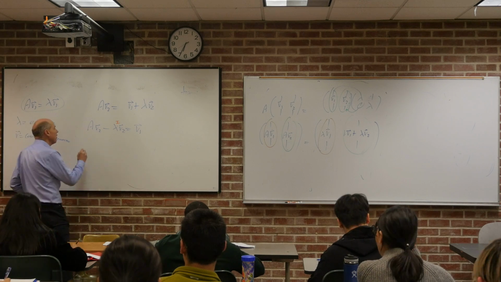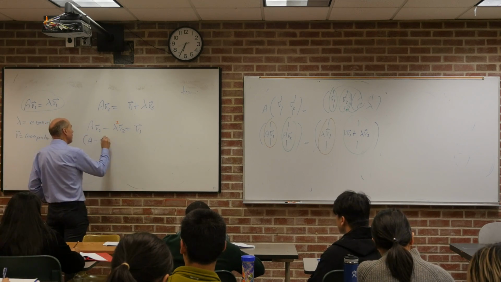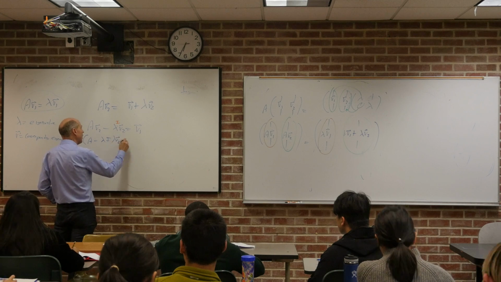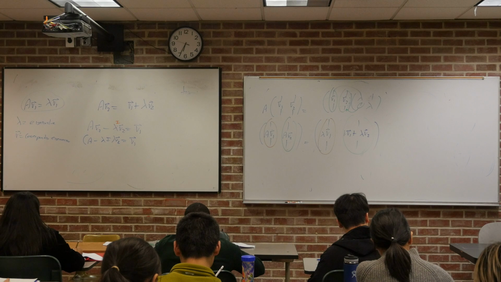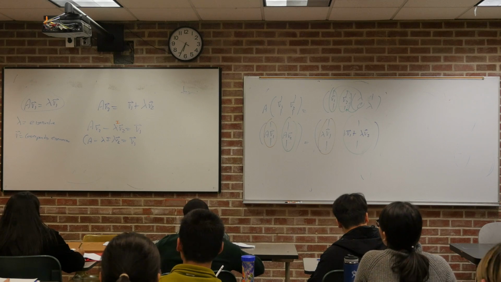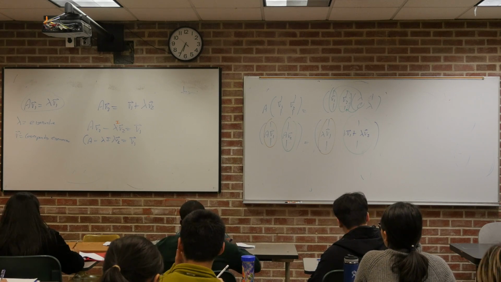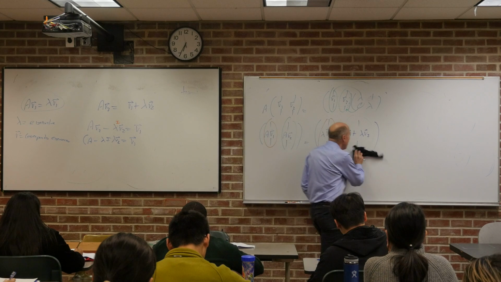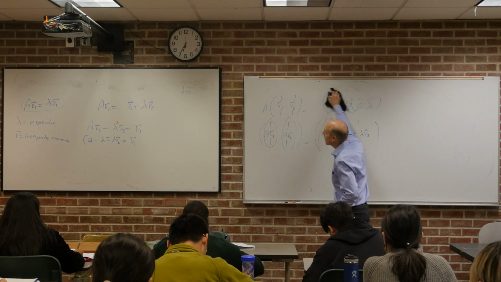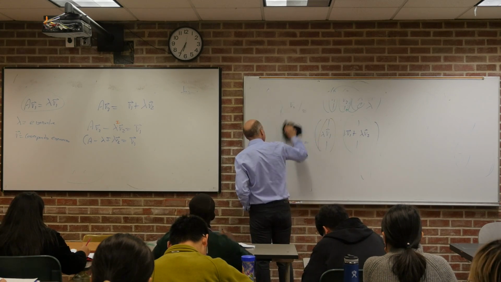Now I can factor out. So we get A minus lambda I times v2 is v1. You might not see it yet, but we are almost there.